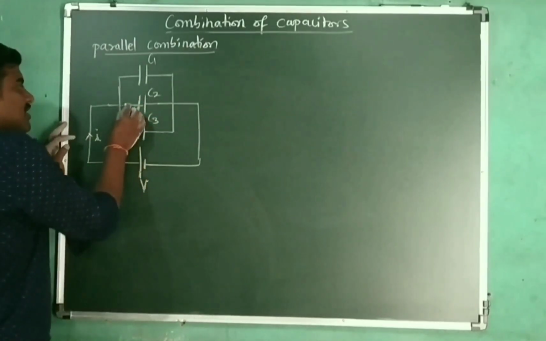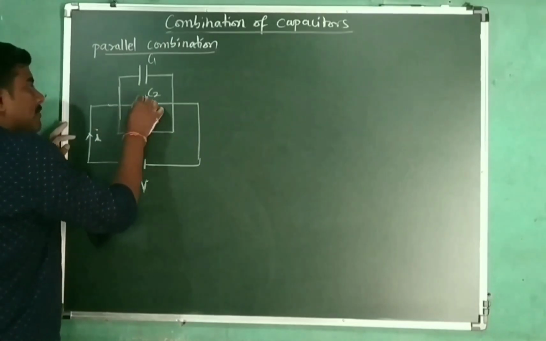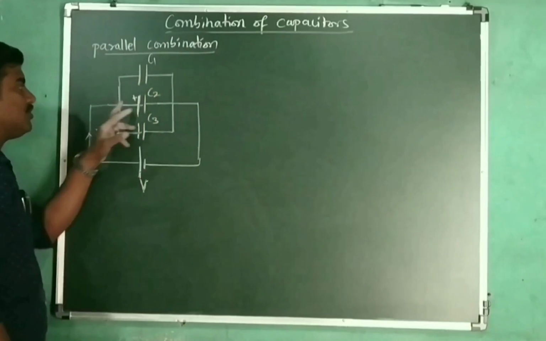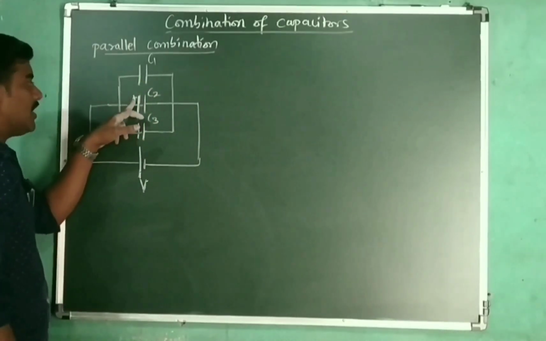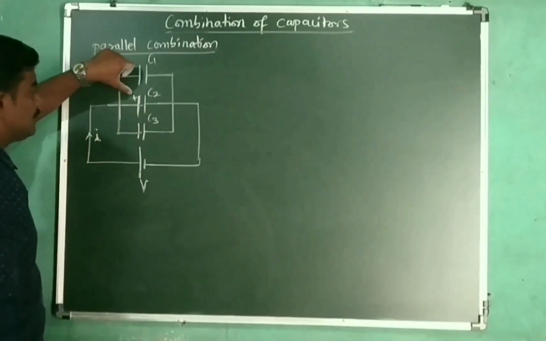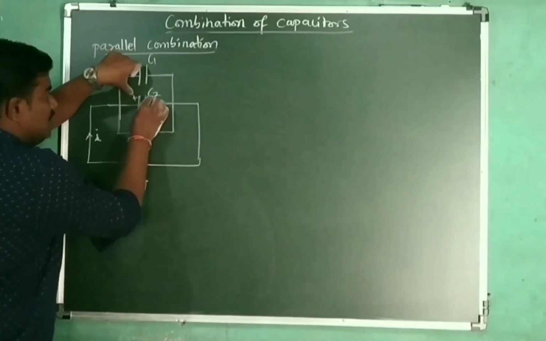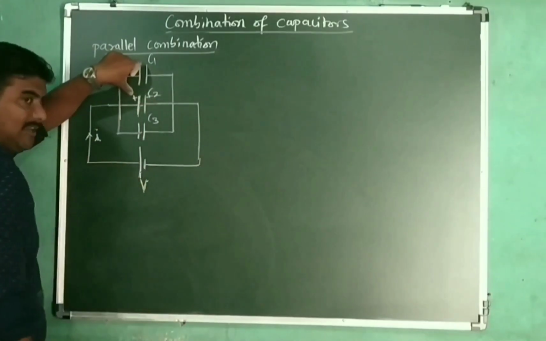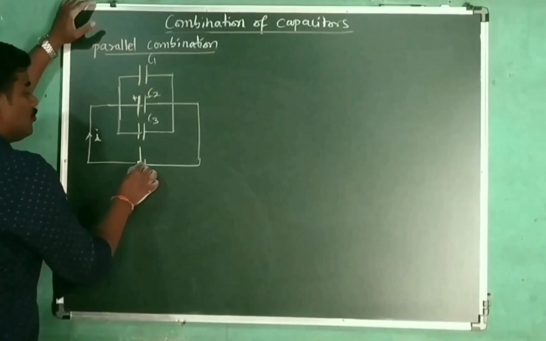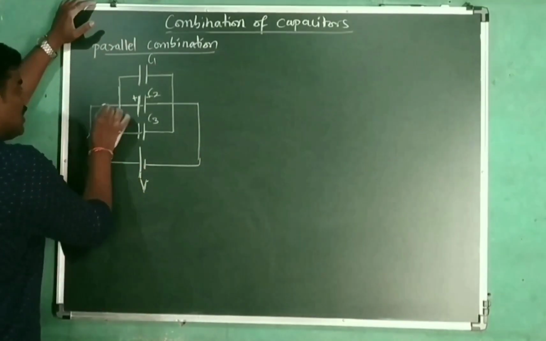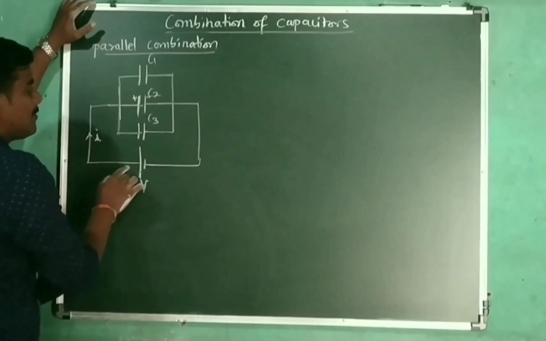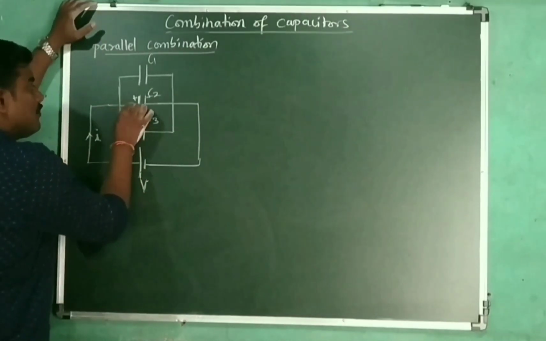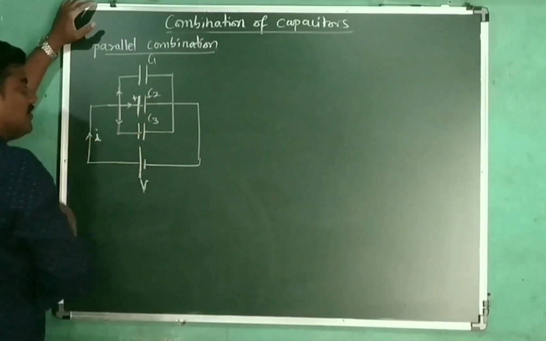Imagine the charge goes this way. Consider one positive charge comes and locates at this plate. If this is positive, then certainly there is one negative charge on the other plate, and the positive charge goes to the negative terminal. And one more charge comes from the positive terminal, and once again that positive charge has three different locations, either this way or this way or this way.